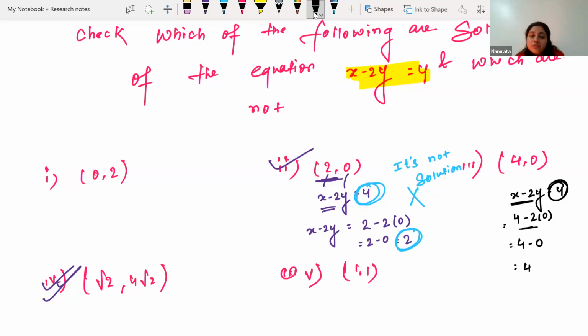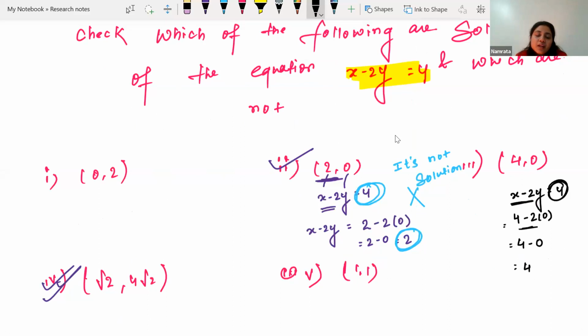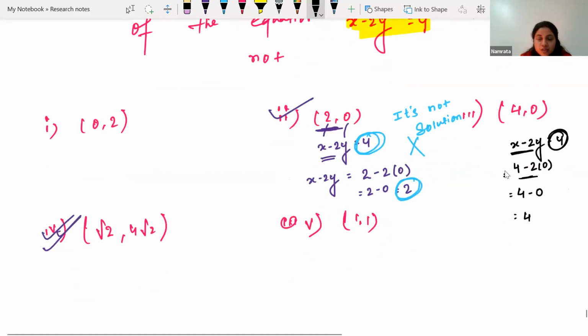If you look at it carefully, we are just solving the left hand side part, and we want to get the right hand side, that is 4. So yes, we can say it's a solution, or it's one of the solutions.